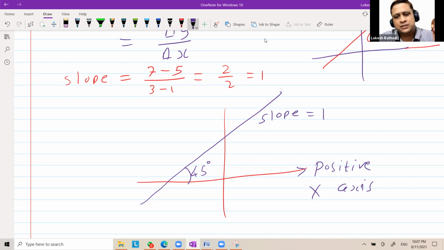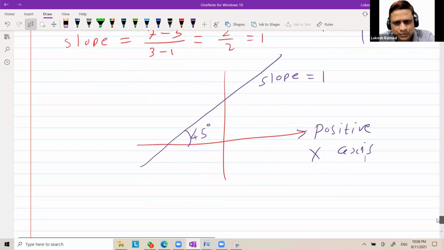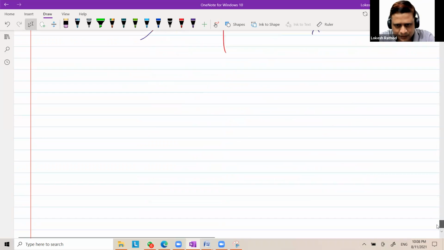So if slope is less than 1, the angle will be less than 45. If slope is more than 1, the angle will be more than 45. That's just for your reference. Okay. I don't think we'll do it in this chapter. Maybe in the next chapter or in a higher standard, 9th or 10th, we'll study it in detail. But just for your reference, if slope is 1, the angle is 45 degrees. Right?